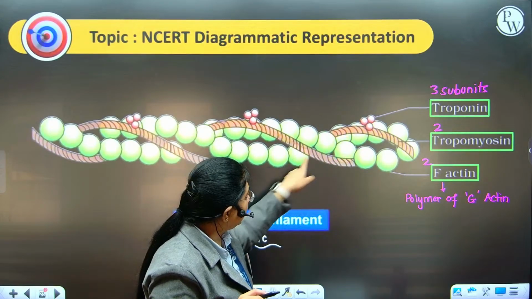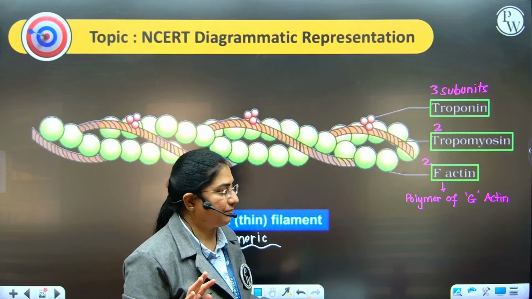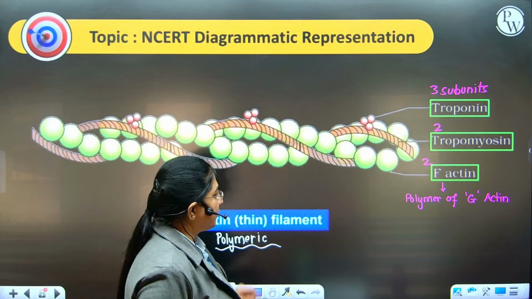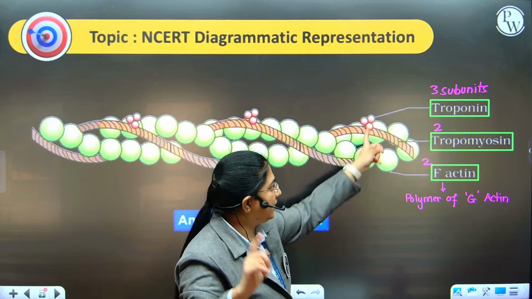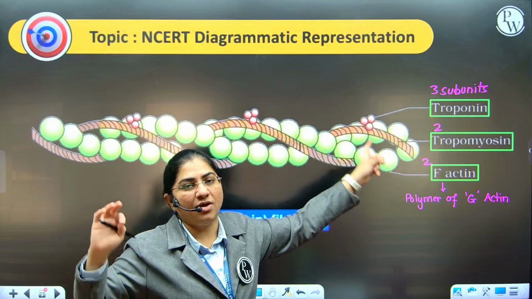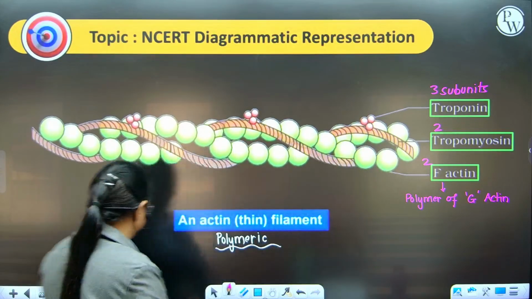Now beneath the tropomyosin is the binding site for myosin, which we need to mask because they have high affinity for each other. Holding the tropomyosin in its position is troponin, one subunit, and hence we say troponin masks the binding site for myosin on actin, an MCQ important question.